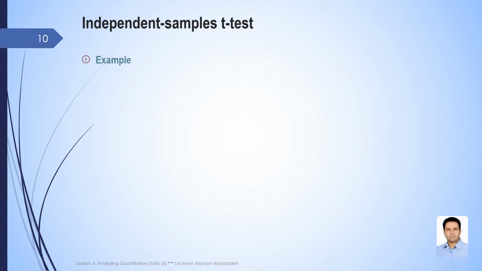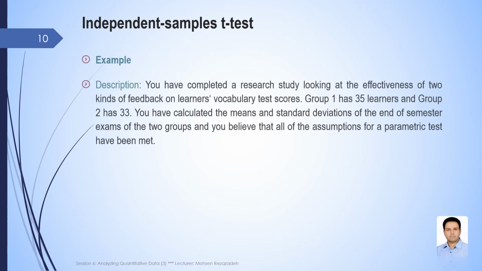Look at this example. You have completed a research study looking at the effectiveness of two kinds of feedback on learners' vocabulary test scores. Group 1 has 35 learners and Group 2 has 33 learners.